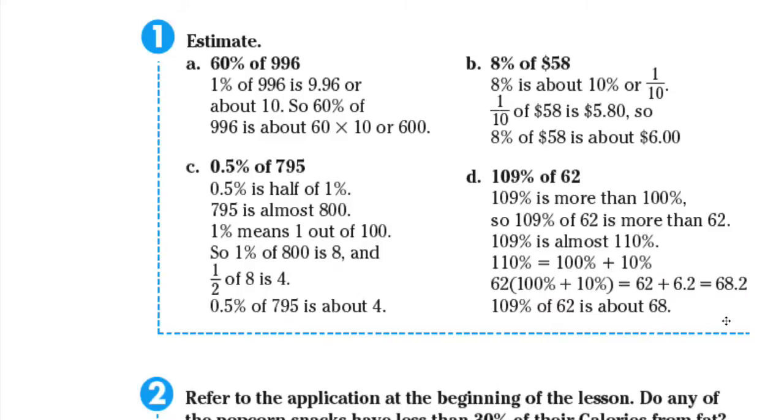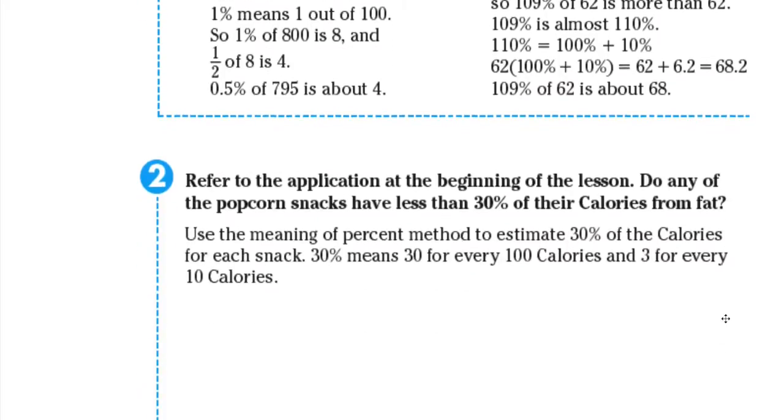We simply round 68.2 to 68. And that's how you use this skill to be able to estimate, using the three methods: fraction method, 1% method, and the meaning of percent method. Let's take a look at example number 2.